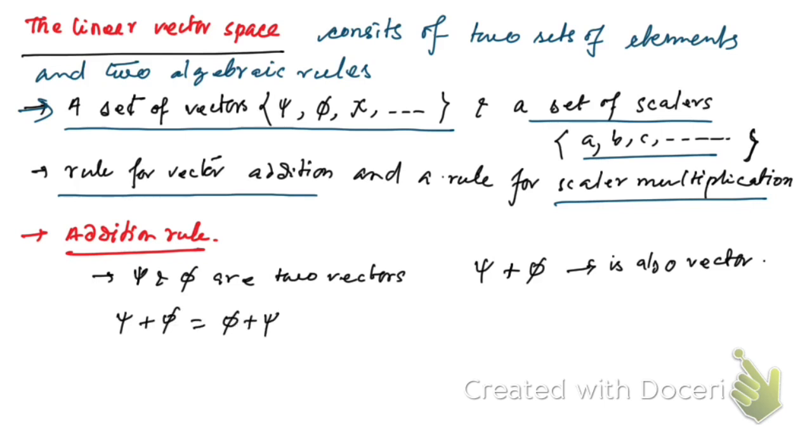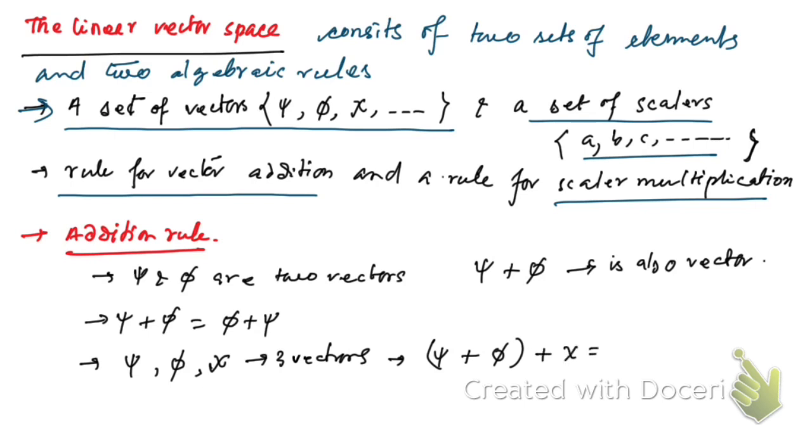It must also obey the associative rule. Suppose we have 3 vectors phi, psi, and chi. Then, within brackets, phi plus psi plus chi must be equal to phi plus the sum of psi and chi.